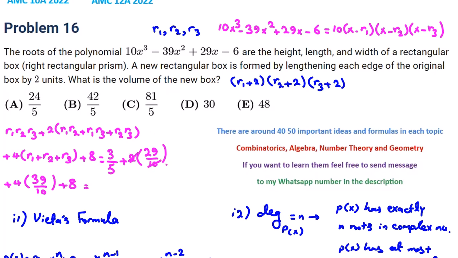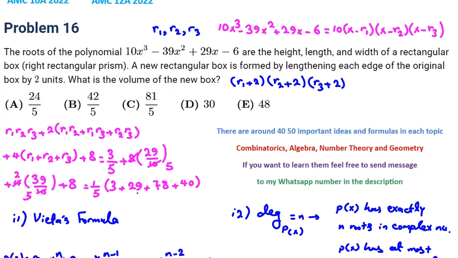Now we can cancel these 2, 5, here 5, 2. So if we use common denominator 5, it will be 3 plus 29 plus 2 times 39, which is 78, plus 5 times 8, 40.